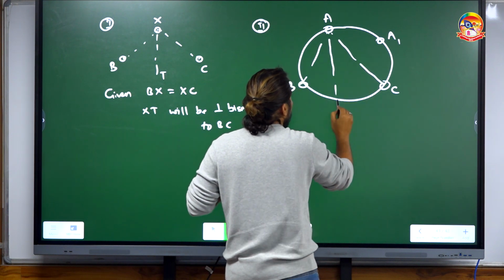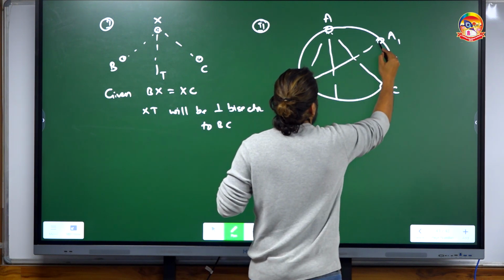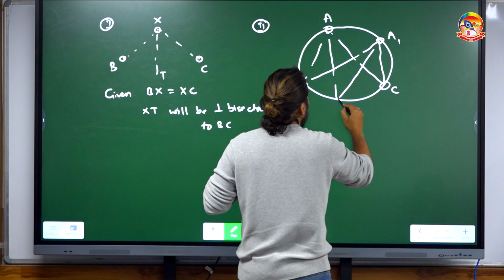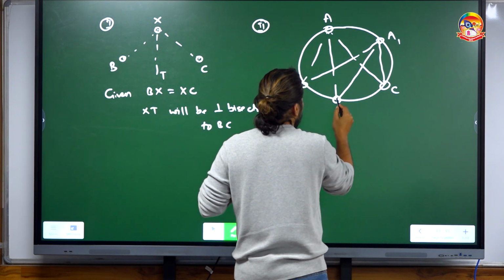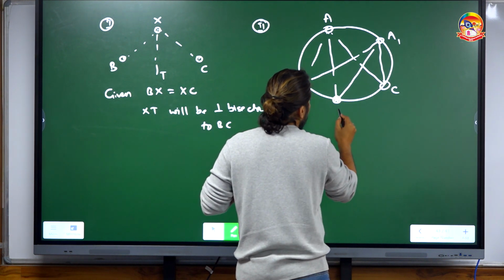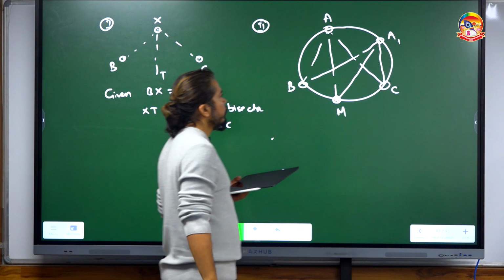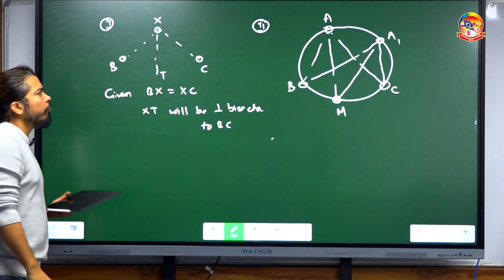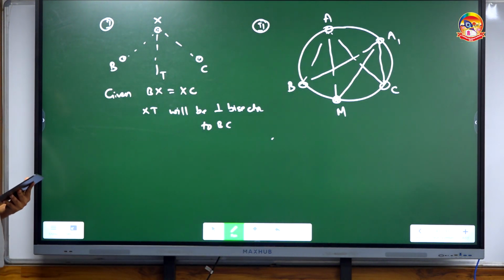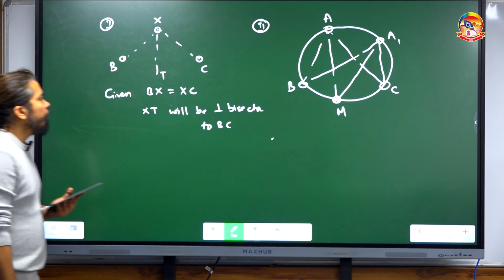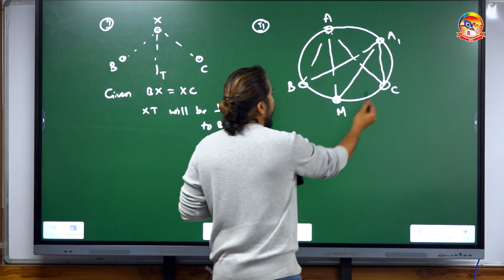Then the angle bisector of BAC and the angle bisector of BA1C will meet at a point, say M, which will be concyclic to ABC and which will also bisect this arc BC.